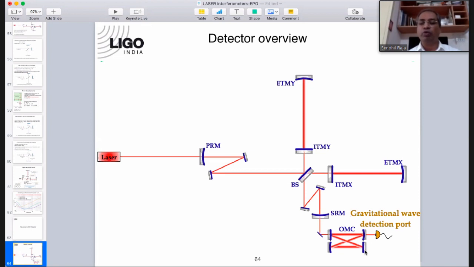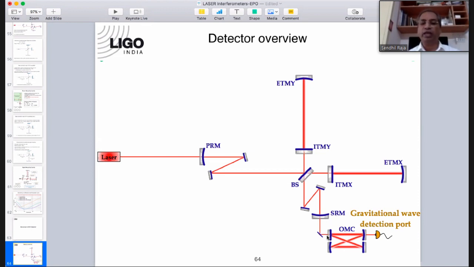So if you want to improve the signal to noise detection ratio, you want to get back only the TM00 mode on which the gravitational wave has been encoded, and get rid of all the higher order modes that have been generated because of the power being shuttled from the TM00 mode to the higher order modes because of the finite errors in the optics. And that's done by this output mode cleaner. Apologies.